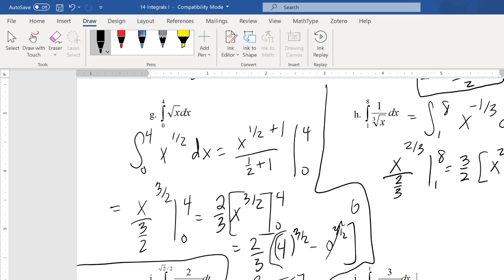And from 1 to 8. So plug 8 in there. 8 to the 2/3 minus 1 to the 2/3. So cubed root of 8 is 2. 2 squared is 4. 1 to any power is 1.